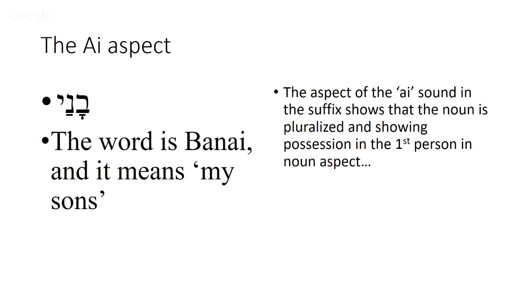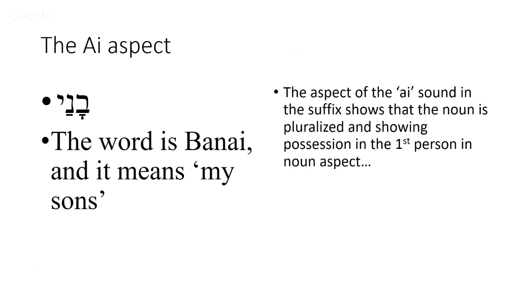Banai means my sons. Ach is brother. Achi is my brother. Achai means my brothers. So this is something we just want to point out for edification purposes, so that we can gain some understanding of what we're talking about.